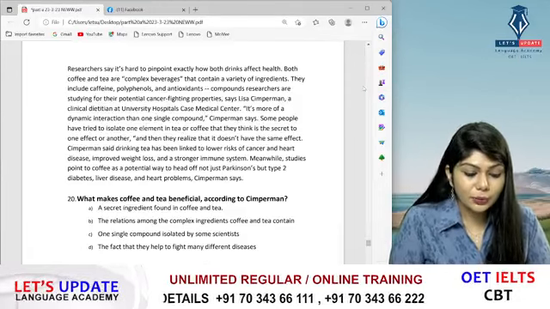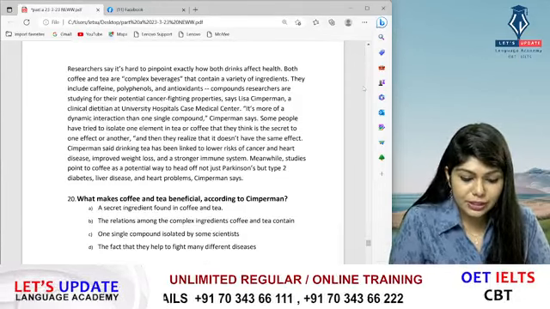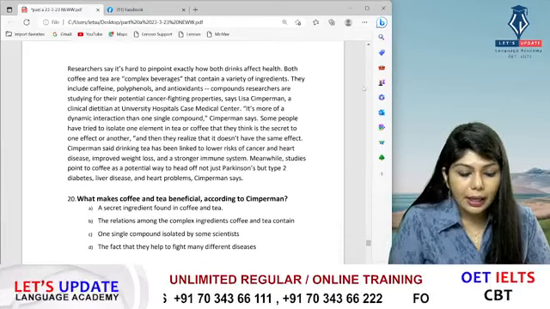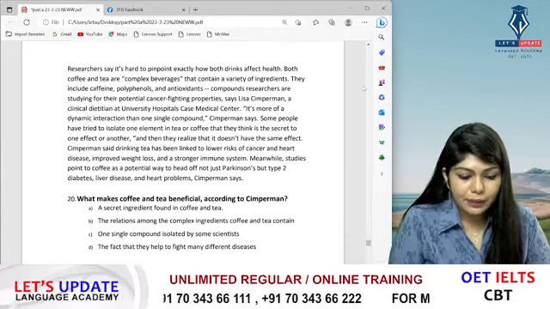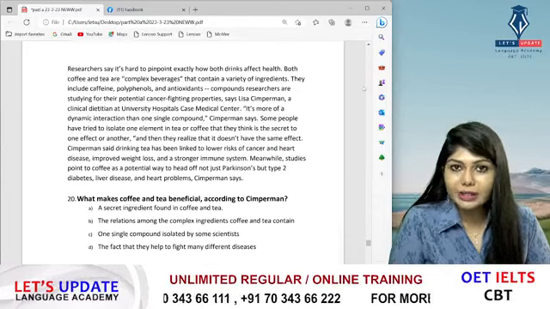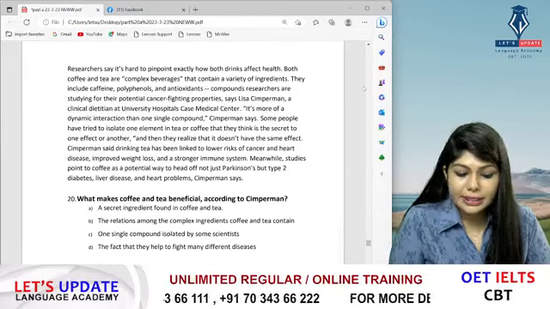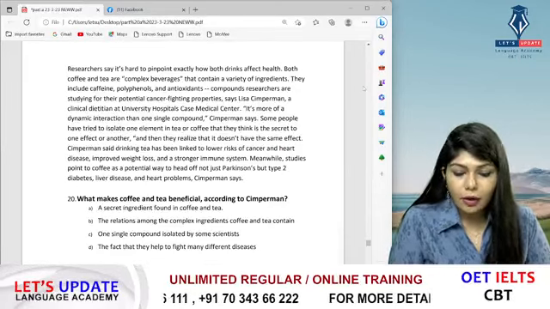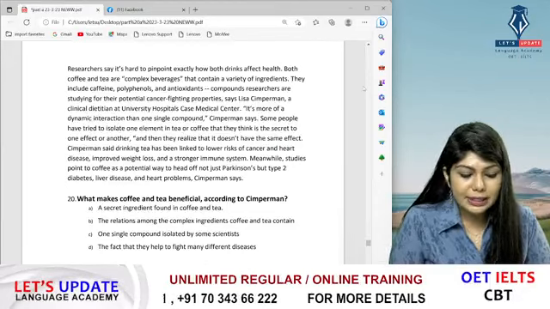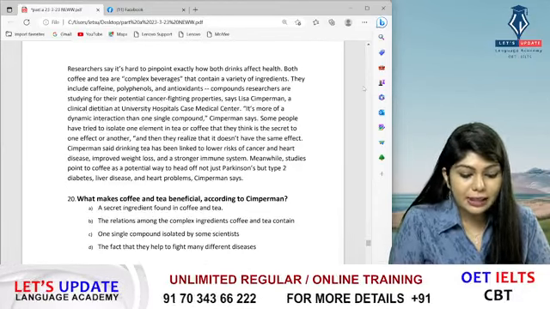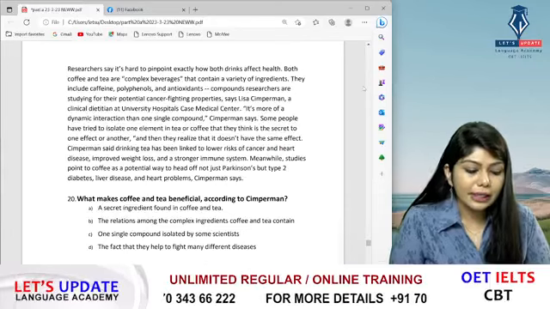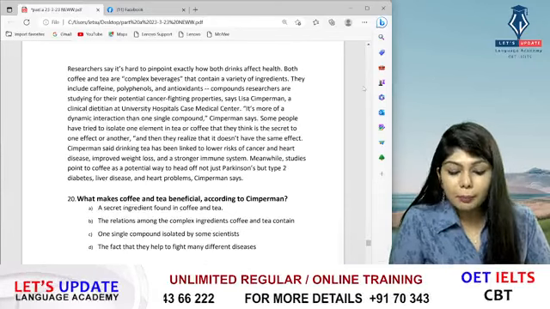And moving towards the question, what makes coffee and tea beneficial according to Simperman? The options are: A, a secret ingredient found in coffee and tea; B, the relations among the complex ingredients coffee and tea contain; option C, one single compound isolated by some scientists; and option D, the fact that they help to fight many different diseases.